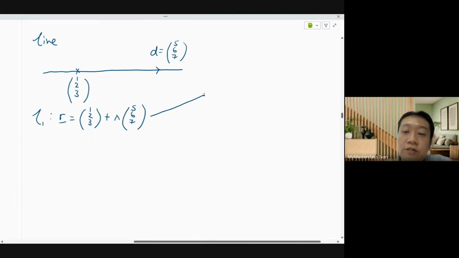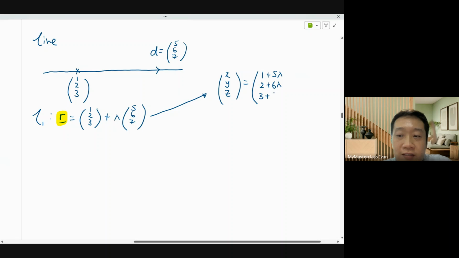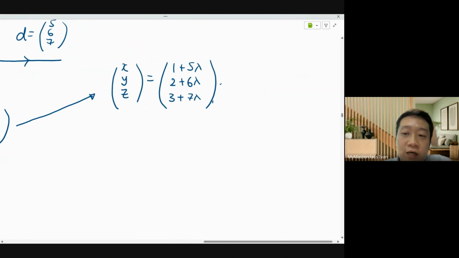How to change a vector equation to a Cartesian equation? Remember, R means x, y, z in this chapter. So this means that x, y, z equals 1 plus 5 lambda, 2 plus 6 lambda, and 3 plus 7 lambda. All you need to do is to make lambda the subject to convert it into a Cartesian equation.